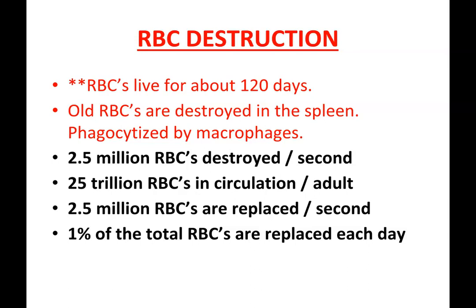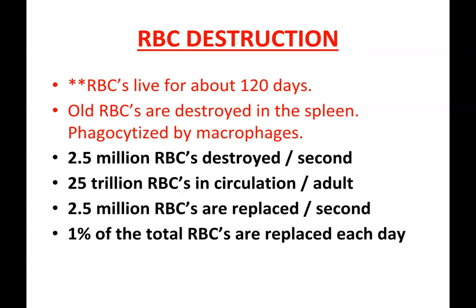This destruction of red blood cells occurs all the time. Over 2 million red blood cells are destroyed in the spleen every second, meaning that out of the 25 trillion red blood cells in circulation at any time, 2.5 million are being destroyed per second, which means that 2.5 million are going to have to be replaced every second.